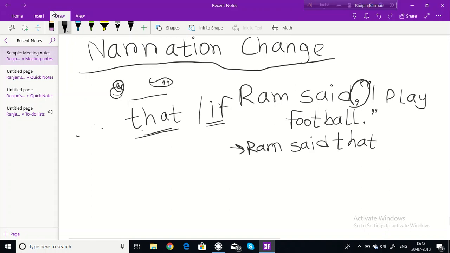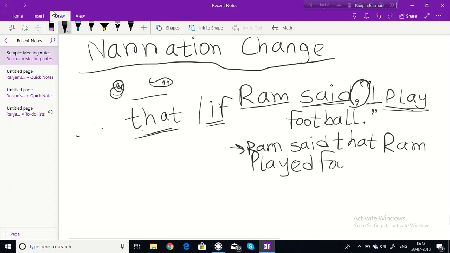By I we mean Ram, because Ram is telling the sentence, so we have to write Ram. This is the present tense and the said is in past, so we have to write the past. This sentence is indirect and direct, and this is the indirect.